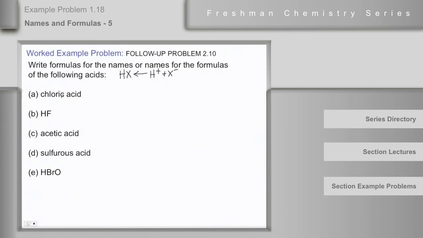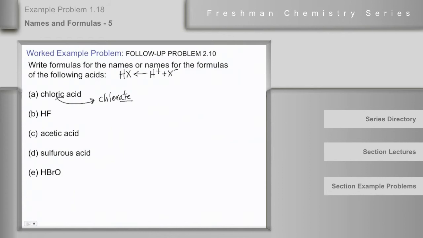If the anion has an ATE ending, like nitrate or chlorate or sulfate, that is changed to IC. So the name of the acid would be the root of the polyatomic anion name. So, for example, in this case, the IC ending is put in place of ATE.